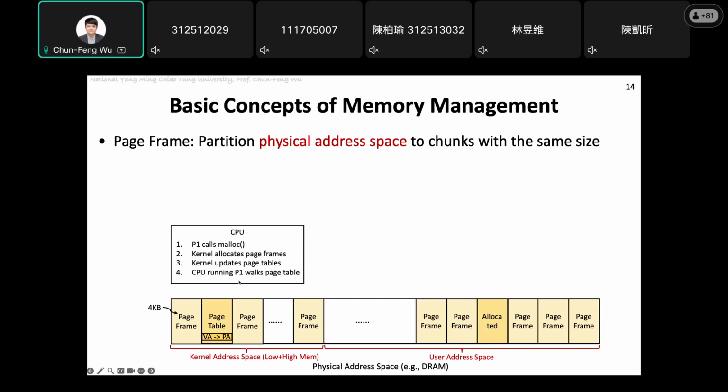And then the CPU running P1 will walk the page table to find the location of the allocated page frame. So this is a simple example of the connection between memory allocation and the page table.